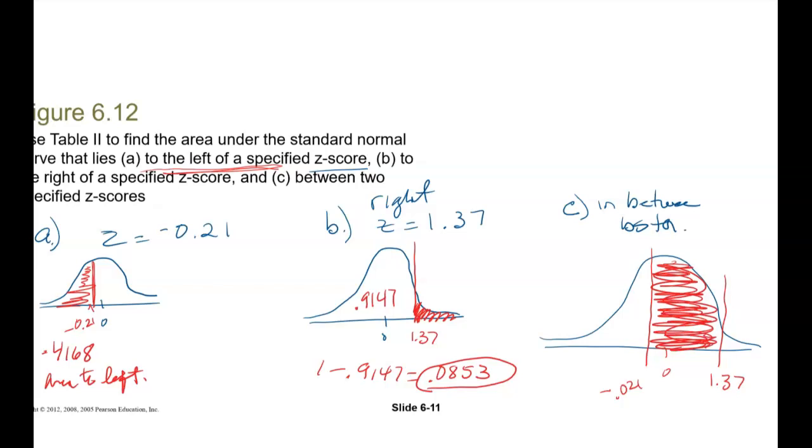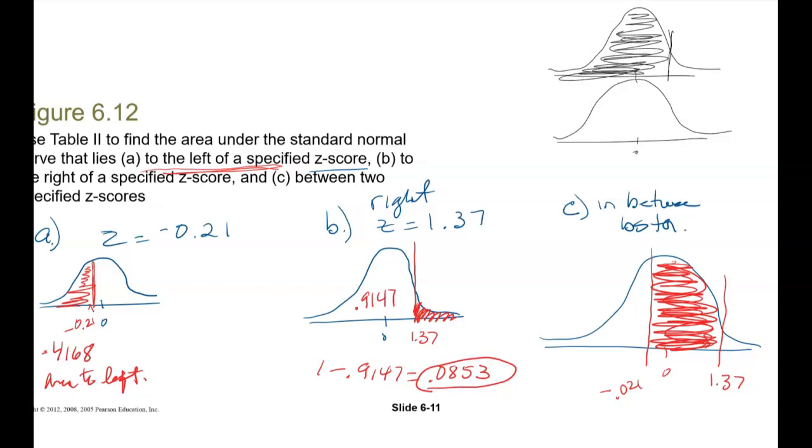So I'm going to break this up a little bit so you have a good idea of why we are doing what we're doing. I'm going to draw them each separately for a second. So there's 0. I would have this entire area for 1.37, and then I'd have negative 0.21, this area.